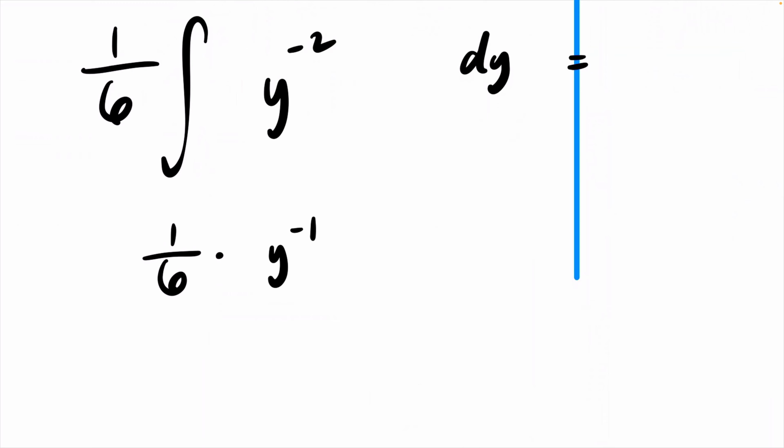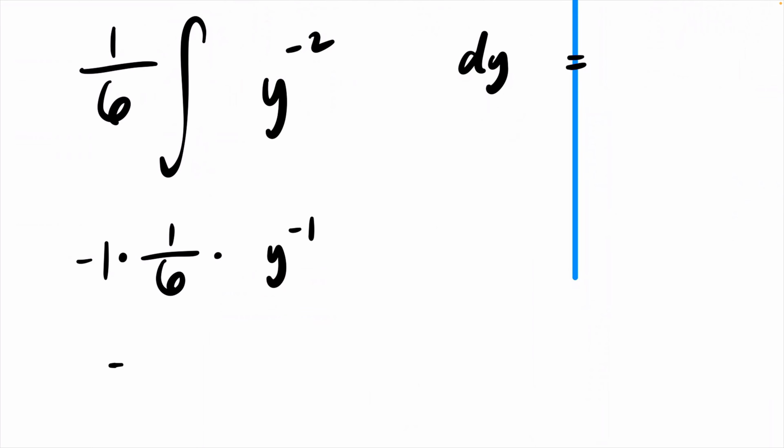But again, I have a fraction there. So dividing by -1 is the same thing as multiplying by -1. They essentially are the same thing, right? So I'm just going to multiply times -1 there. So that makes -1/6 times y to the -1.